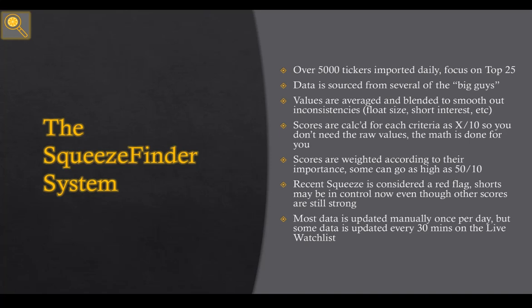One thing that I conceptualized at the beginning was I wanted to make this easy for people who haven't done a whole lot of research on short interest. So instead of giving specific values for things, I came up with this idea of scoring. When you look at the Squeeze Finder list, you're not looking at hard data or hard numbers.